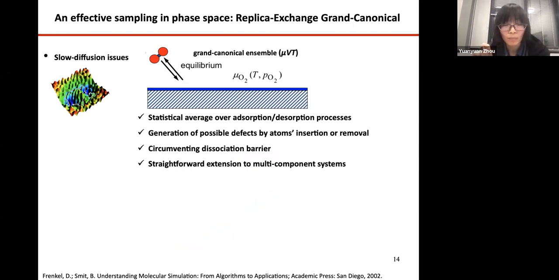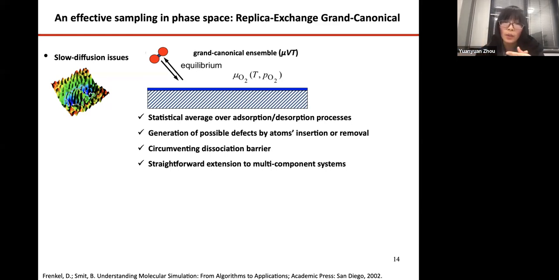The open ensemble, which describes equilibrium in the Grand-Canonical ensemble, provides an effective way to alleviate the slow diffusion issues. In the Grand-Canonical ensemble, atoms get in and out of the system, effectively generating the possible defects, and so it circumvents the diffusion bottleneck.